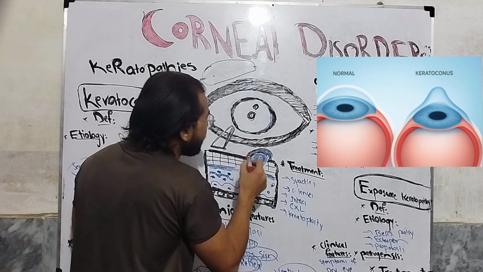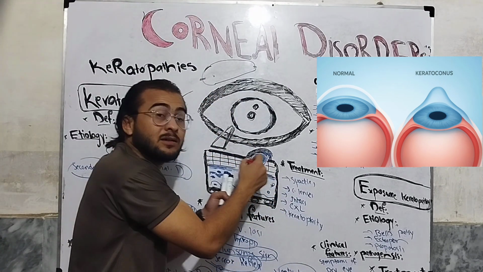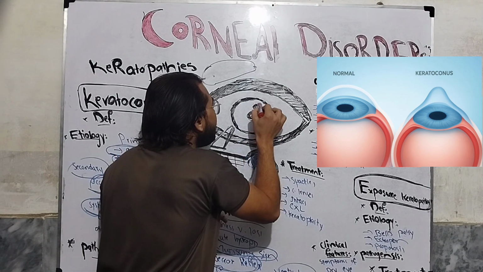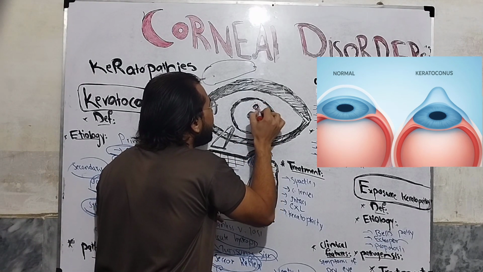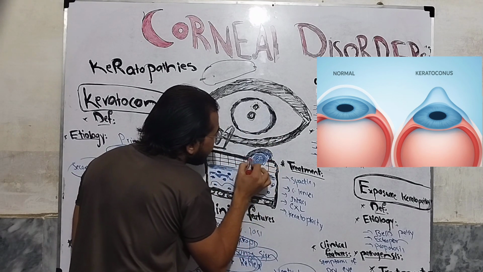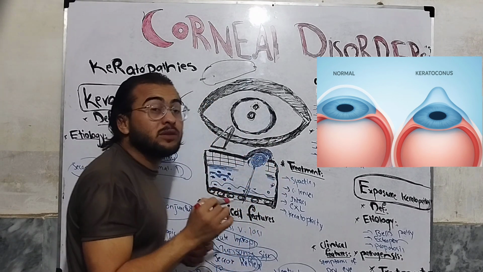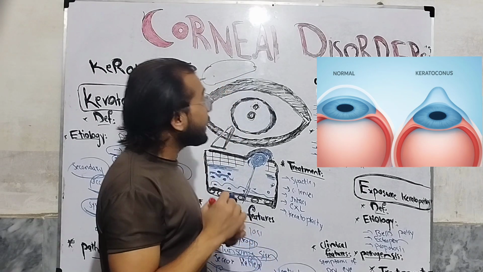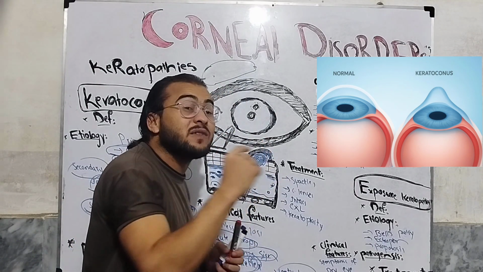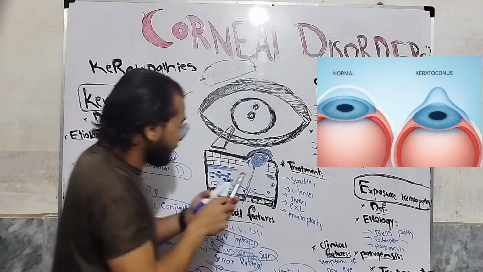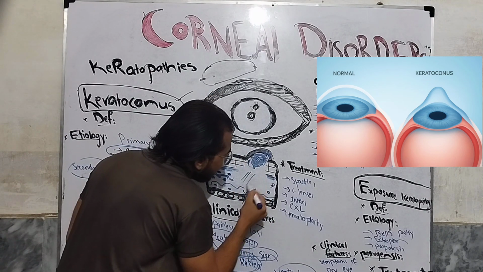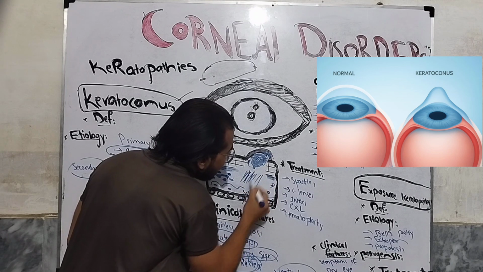But now this is the deposition of iron around the base of this bulged out cone, and this is called the Fleischer ring. And we have Vogt's lines. The slit lamp will also show us the Vogt's lines. Vogt's lines are stress lines in the cornea.